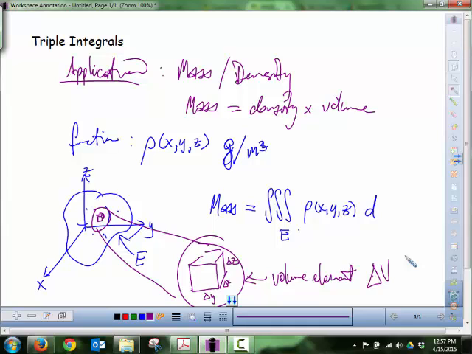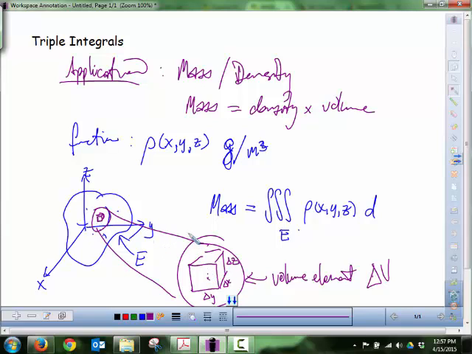That would be dV. Without going through the whole Riemann sum story, a quick synopsis is: for each of these little blocks, I would find a representative point in that block to evaluate the density function, and then I would multiply the volume of this block by the density to get the small mass of this little block.